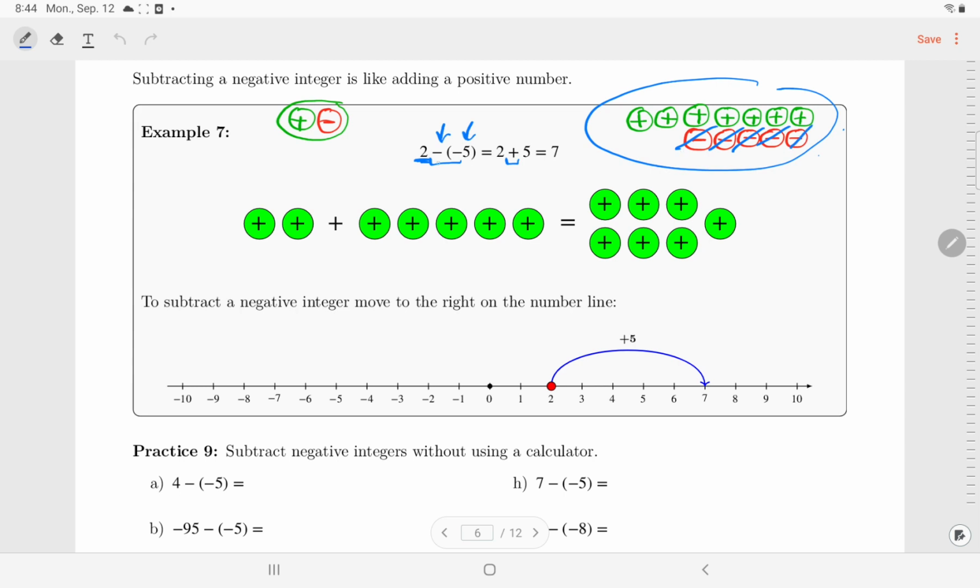So we removed -5, and we're left with +7. This is just another way to show why 2 minus -5 is the same as 2 plus 5. And when adding 5 on the number line, so 2 plus 5, we move 5 units to the right.